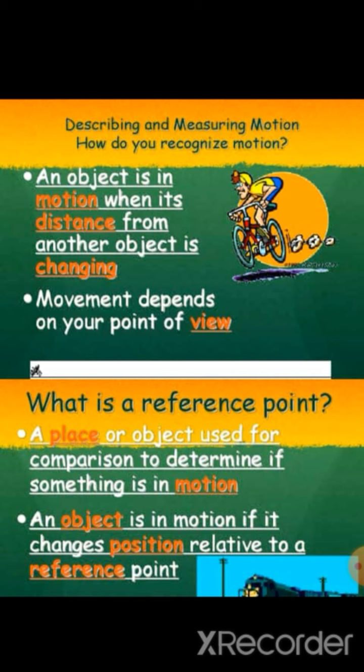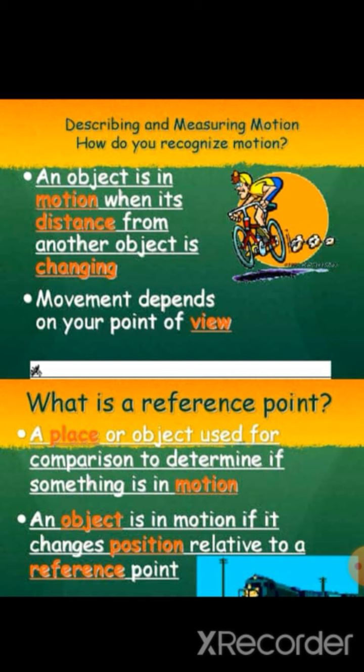Whenever we talk about the position of a moving object, that means how far or near it is with respect to another object, we have to consider a reference point, a stationary reference point, which is called origin.